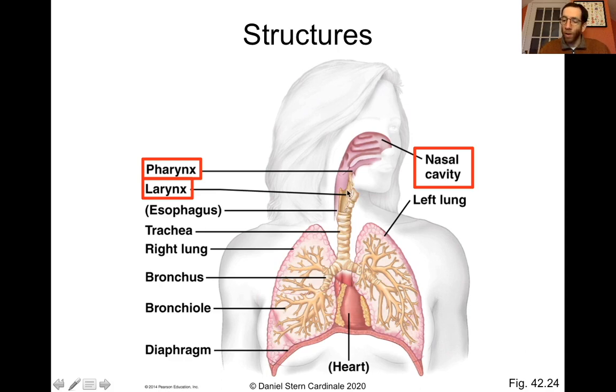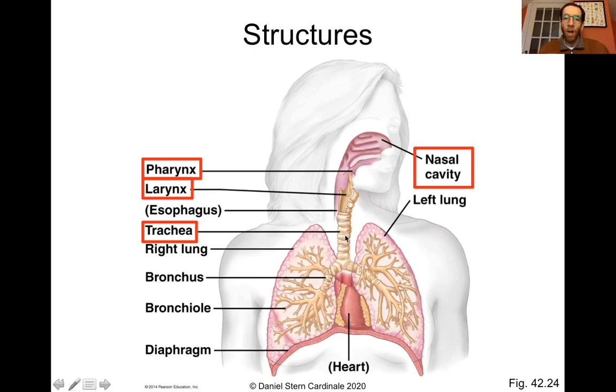And the larynx leads to the trachea, which is the large tube that connects the upper part of the respiratory system to the lungs. The trachea has cartilaginous rings, which you can actually feel. So you feel on the front of your neck, you can feel those rigid structures. Those are actually the cartilaginous rings of the trachea.